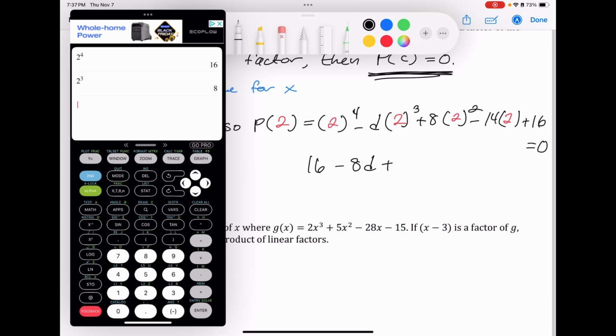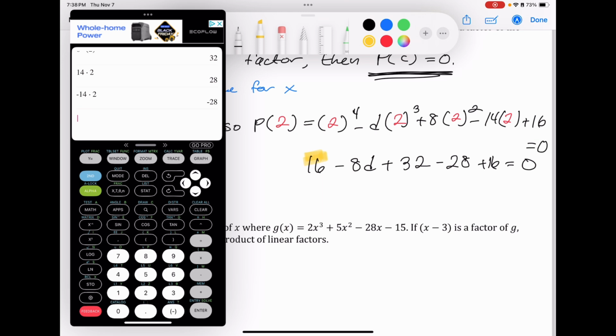Plus 8 times 2 squared. That's 32. Minus 14 times 2, which is 28. Or you can put negative 14 times 2, which is still negative 28. Same thing. And then plus 16. That equals 0.